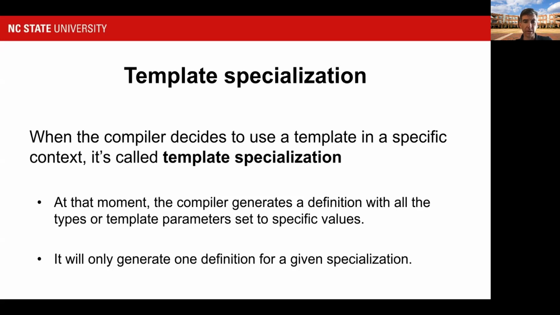And at that moment, the compiler generates a definition with all the types or template parameters set to very specific values. Like, for example, for that max function we talked about before, when the compiler decides to specialize max at a given call site, it will say, oh, that T equals int, or that T equals double. And then it generates a specialized version of that function under the assumption that T has a very specific type.